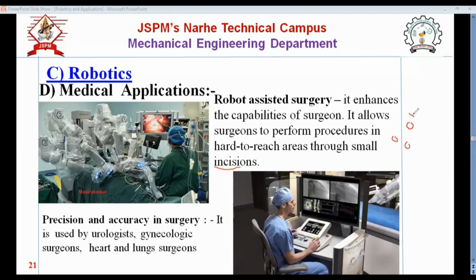We make a small incision and then enter a particular tube. It may be one tube or two tubes, and inside these tubes there will be the tools for cutting or stitching, suturing. We put a small cut, that is an incision, insert these device tubes, and it will perform better.